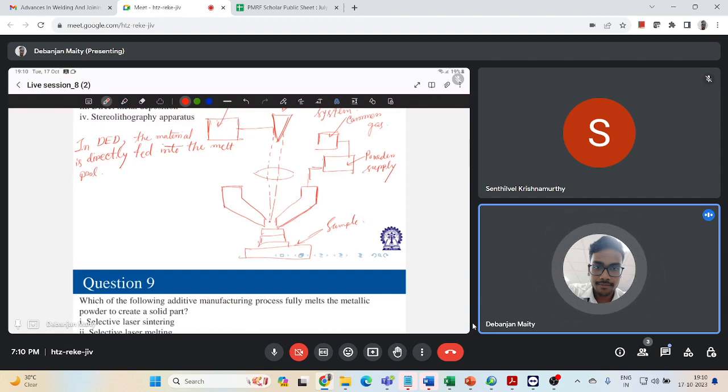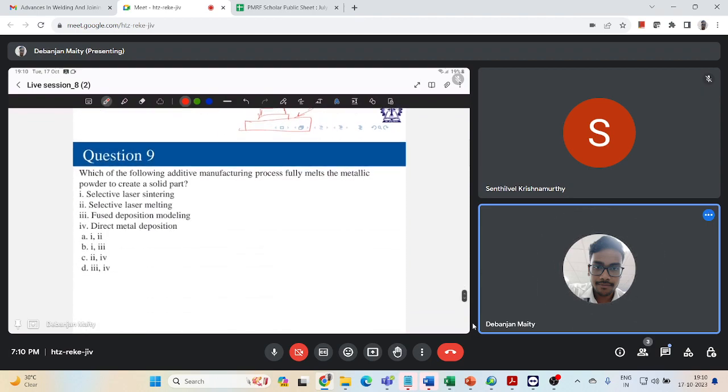So, what I talked about DED, there are a lot of things I have mentioned. DED is also called laser engineered net shaping, or LENS.